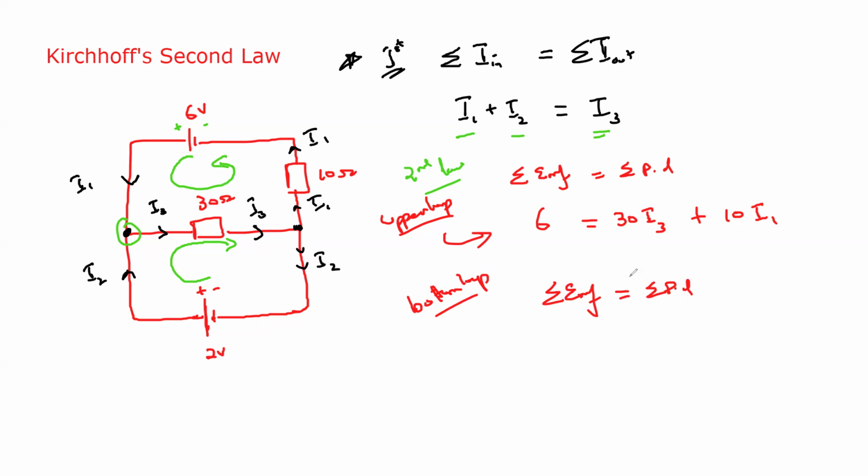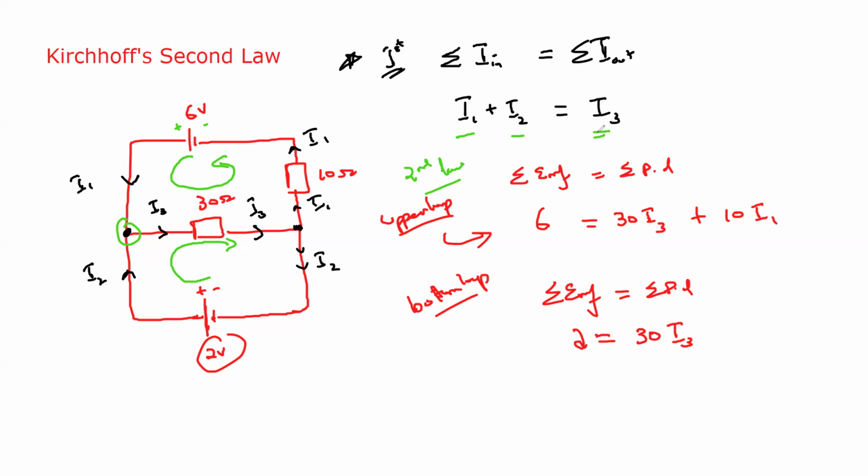So what is the total EMF? The total EMF in the bottom loop is 2, because 6 is not in the bottom loop, 6 is in the top loop. It is equal to the total potential difference. The current I3 is going through the 30 ohm and there is no other resistor. So this will be equal to 30 I3.